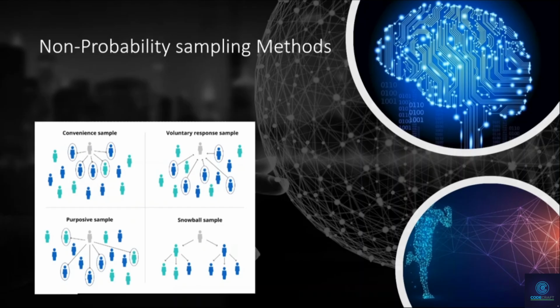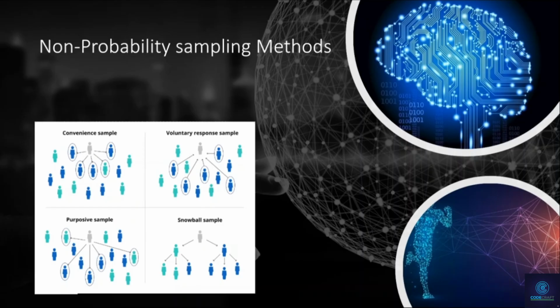So let's see those four sampling methods. First of all, we have the convenience sample, then the voluntary response sample, the purposive sample, and finally the snowball sample. First of all, the convenience sample. This one is the simplest.